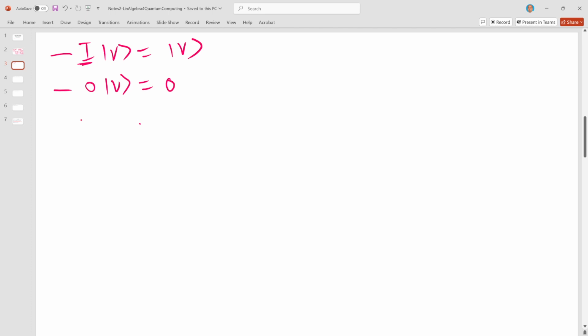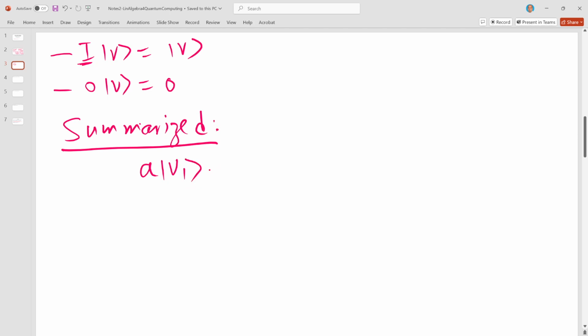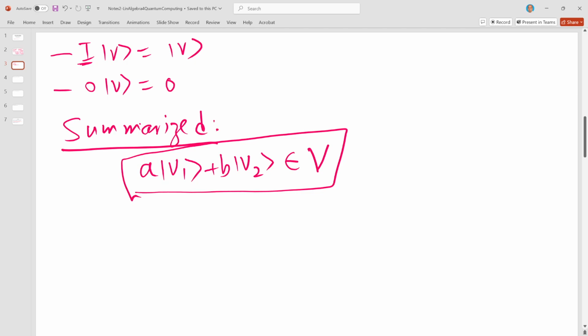And you can actually summarize all of these properties like this: for any arbitrary constant a and arbitrary vector element v1, plus arbitrary constant b and vector element v2, this has to belong to V. So essentially this can all be stated like this, where addition and multiplication are defined, because everything else can follow from this.